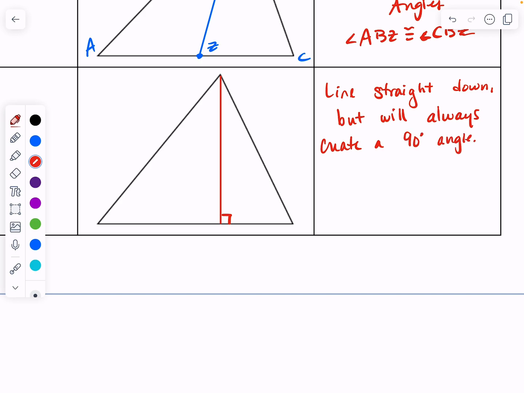Okay. So just keep that in mind if you're ever given that vocabulary word, that we would be able to say that angle BXC and angle AXC are right angles from that vocabulary.